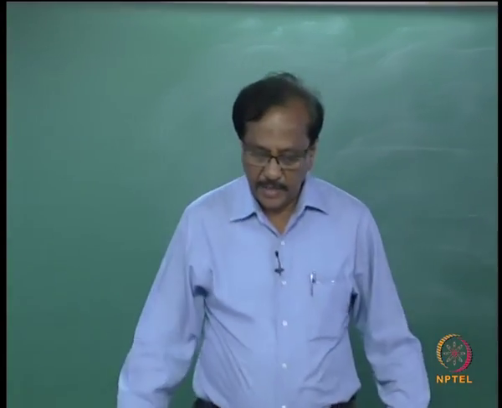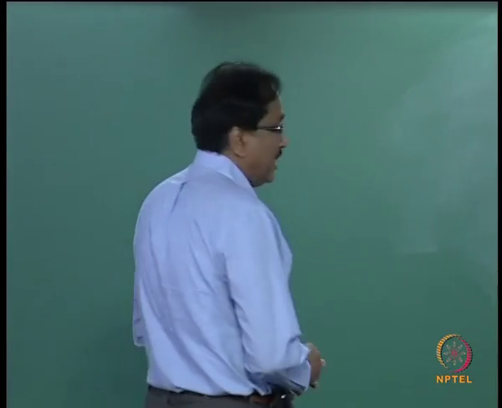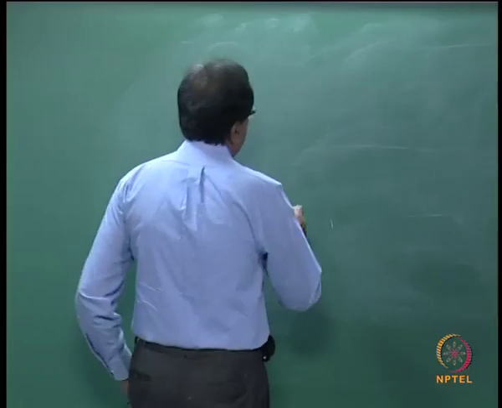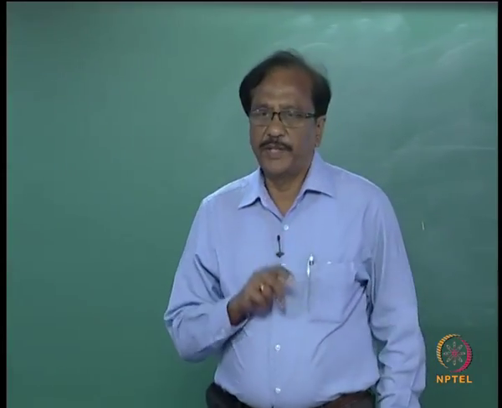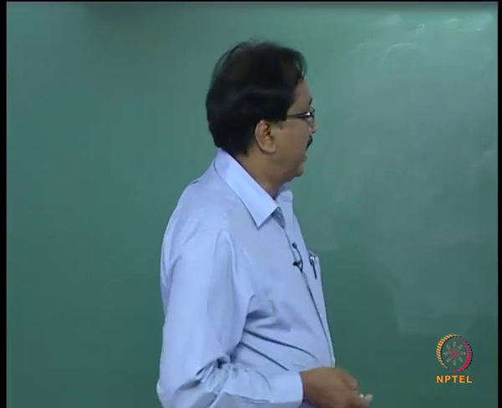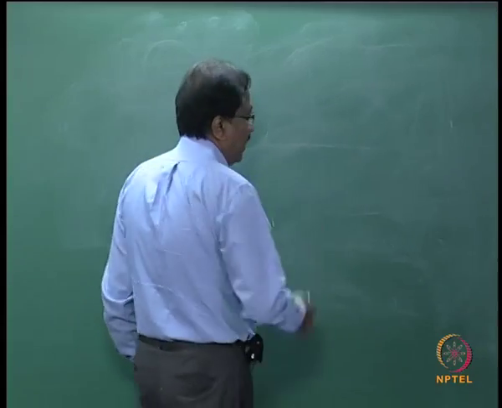Now let us move to spectral method. As we have seen in the classification, under spectral method you have 2 different methods, one is via the autocorrelation function, the other one is via FFT.